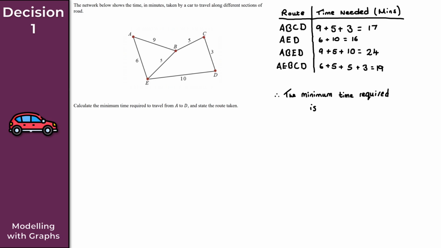That would be 16 minutes here, right? This is the shortest time. It's going to be 16 minutes. And that would be along the route, and that's this route here, AED. So along the route AED.